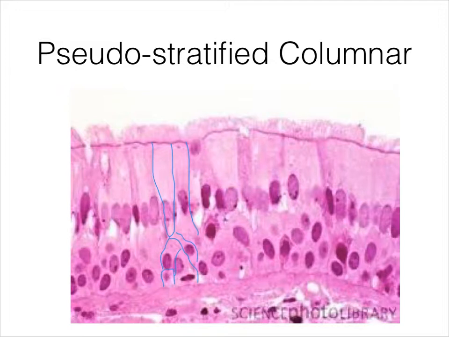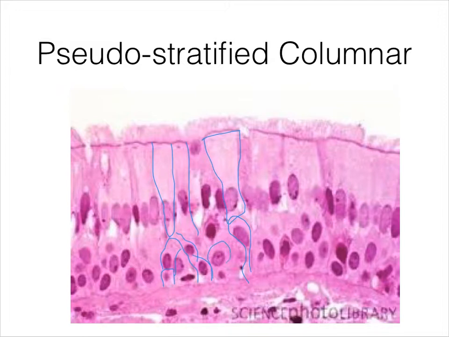But due to the way that the cells grow, they don't grow in nice even lines. They kind of intertwine with one another. So that means that in the section, you can't always see an entire column growing by itself.